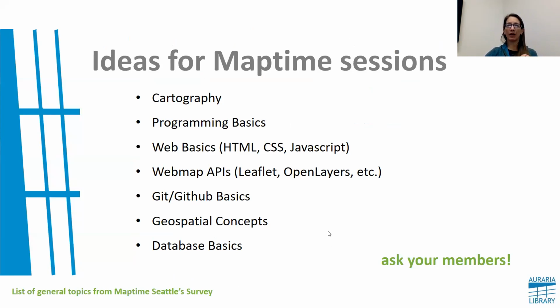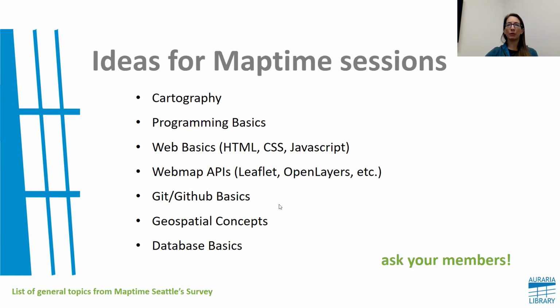They have an online survey asking, hey, if you're part of this group, please check this box if you're really interested in learning more about cartography, or learning Python and what programming basics are, or some other language, or web basics, learning how to create a GitHub repo, or if you're absolutely complete new beginners: what are geospatial concepts? These are some of the things they asked in their survey to get a sense of what their members needed. So that's one way of doing it.